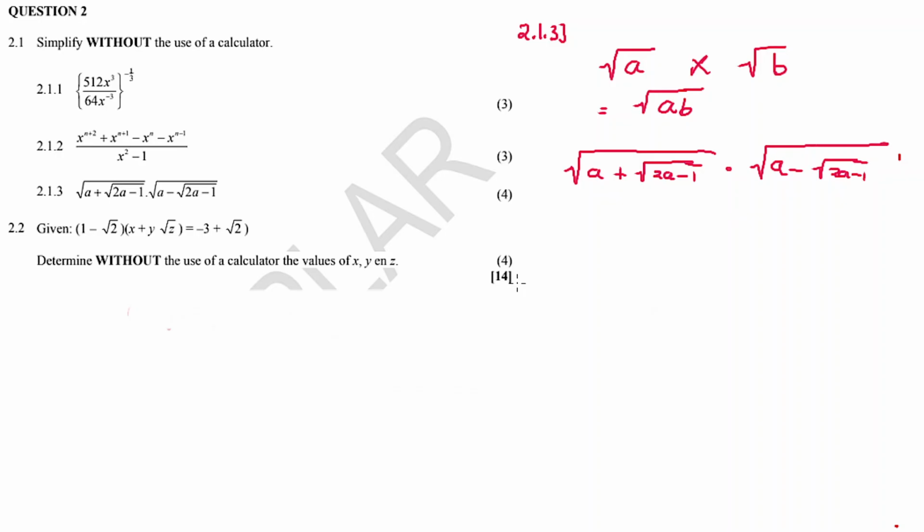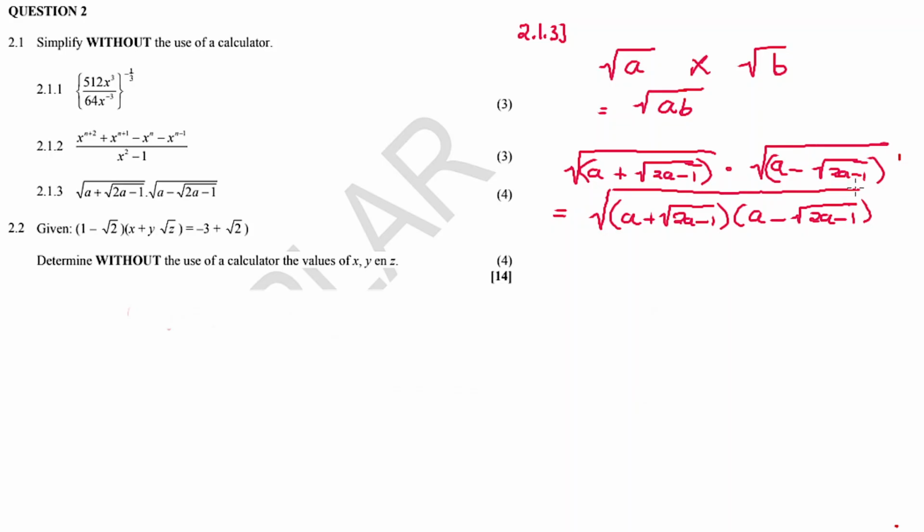Okay, I write it down for a reason, so that you see that this whole thing under the root is the same as A, and this whole thing under the root is the same as B. So we're just going to multiply and have only one square root. We'll have something like this: square root of the first value, which is a plus, but this time you put it in brackets because there are two terms now, multiplied by a minus the square root of 2a minus 1.